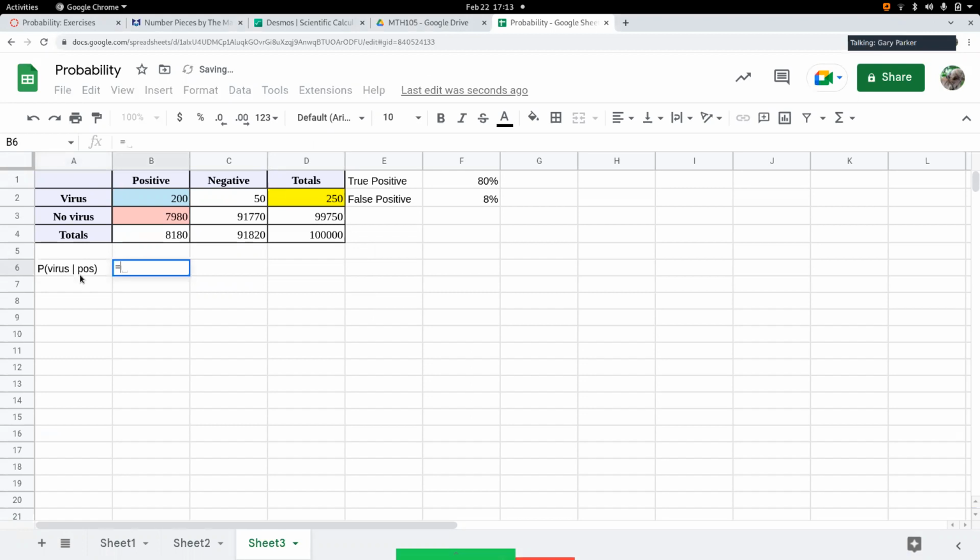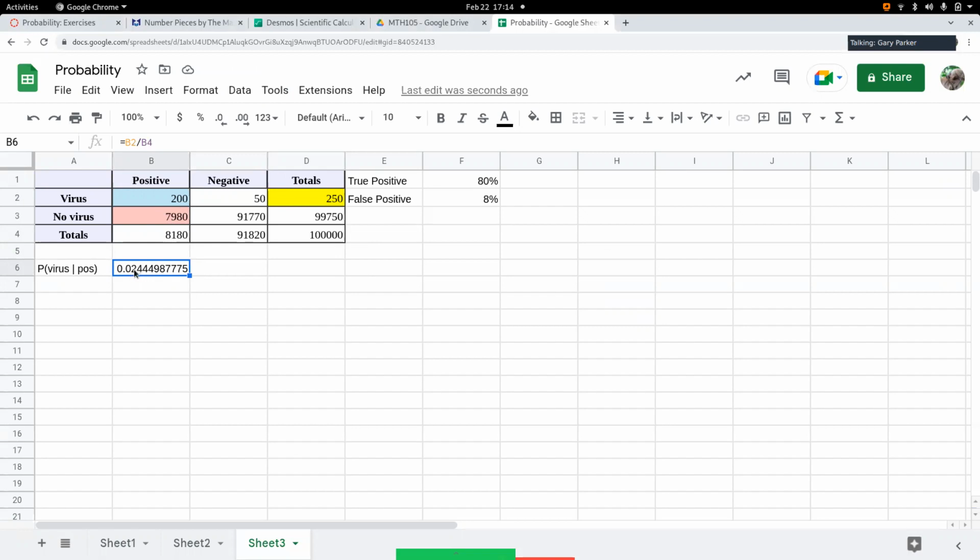So that means I only care about the positive column. That's my denominator, that total. And in that column, I only want to know about the people with the virus. So in this case, I would go equals, click on my 200, and then divide by my 8,180. So as a decimal, it would be about 0.0244.